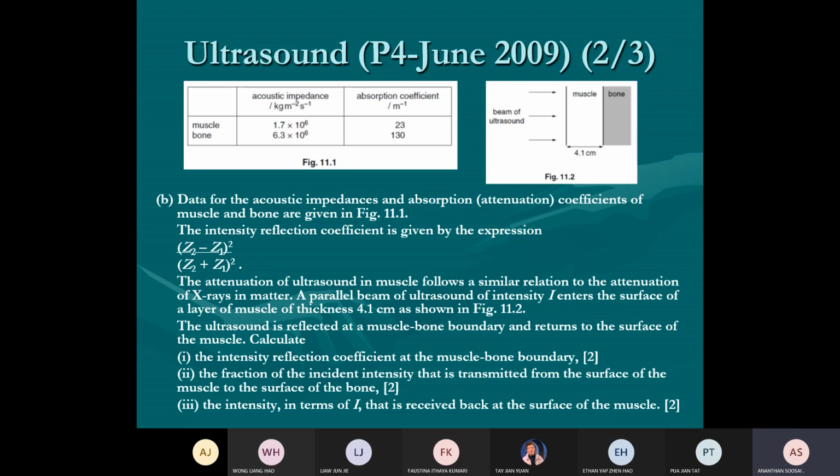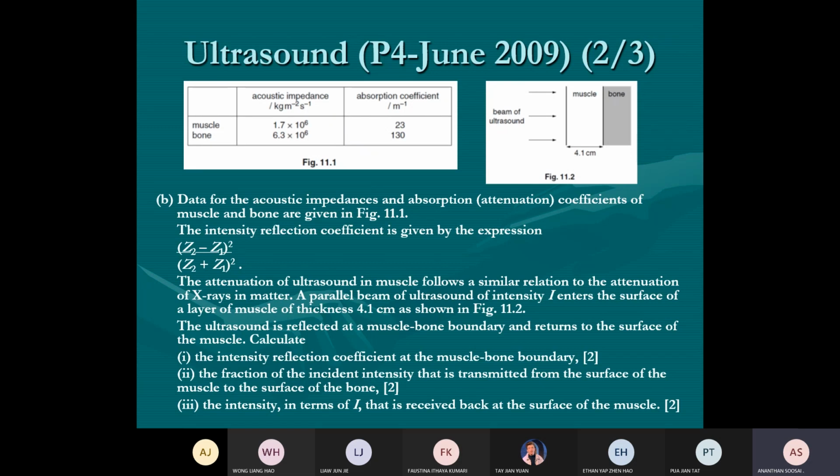The fraction of incident intensity that is transmitted to the surface of the muscle and the surface of the bone. It is only one absorption, right?